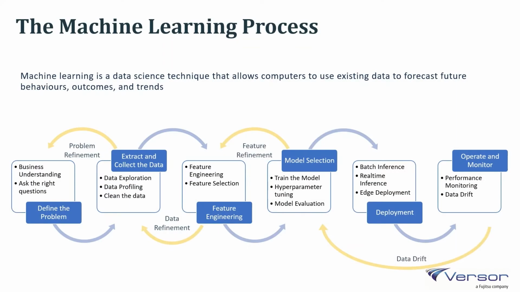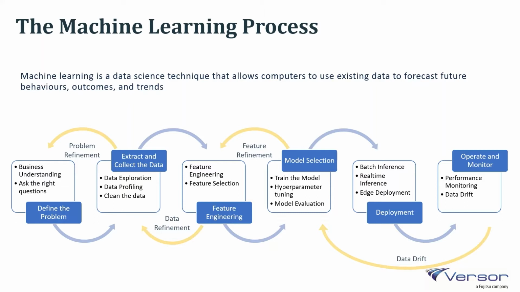Let's move on to the machine learning process. Machine learning is a data science technique that allows computers to use existing data to forecast future behaviors, outcomes, and trends. The first thing that we need to do when looking at machine learning and data science and the whole technique around using existing data is to define the problem correctly and ask the right questions around the problem domain.